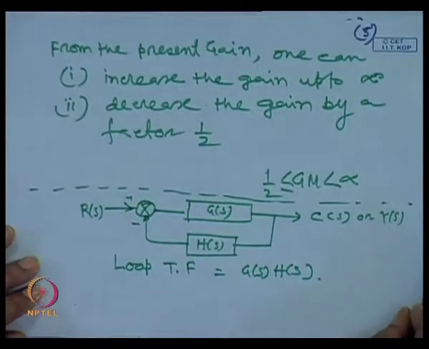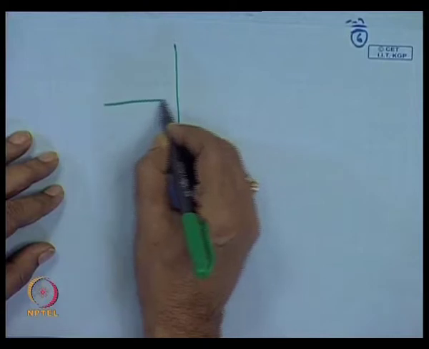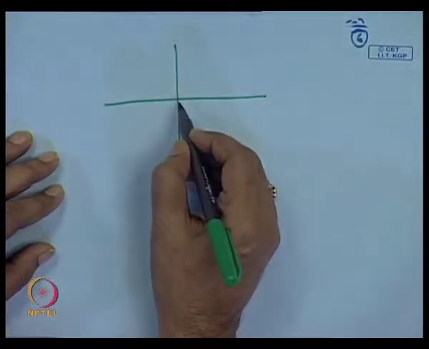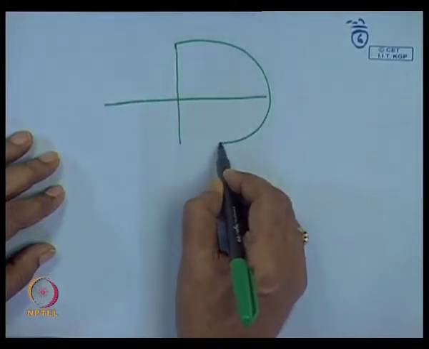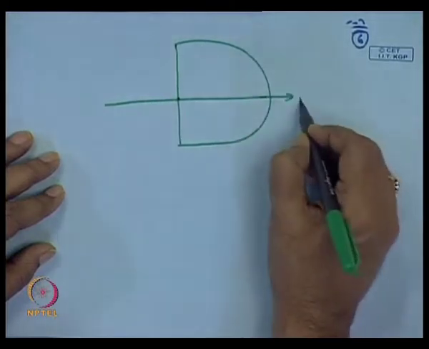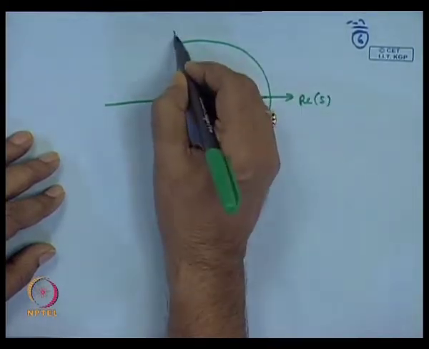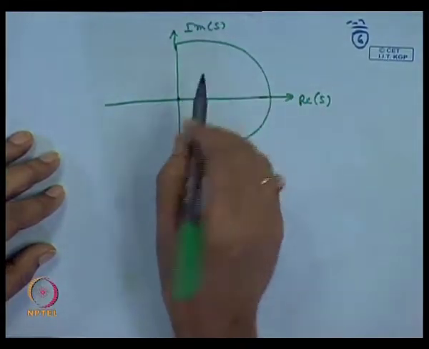If you see how to study the stability of this system by using the Nyquist stability criteria, the first thing is we have to see our Nyquist path. Our Nyquist path is the whole right half of the S plane. This is our real axis, this is our imaginary axis.